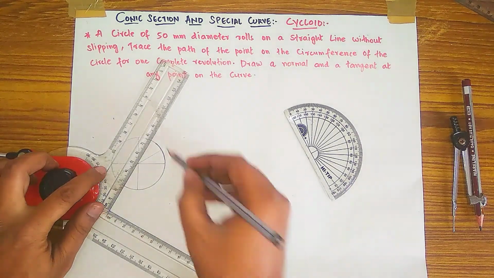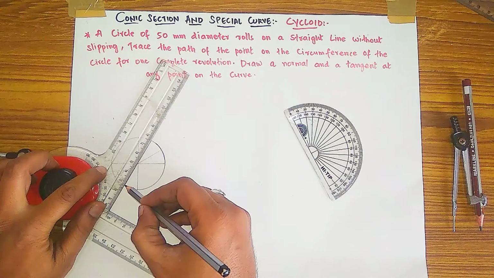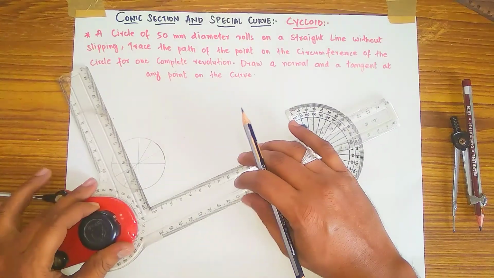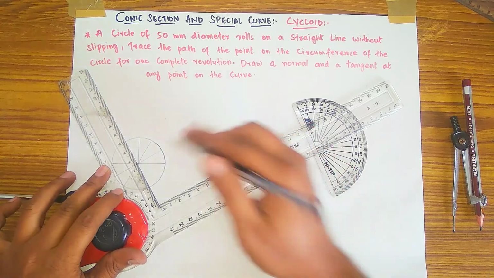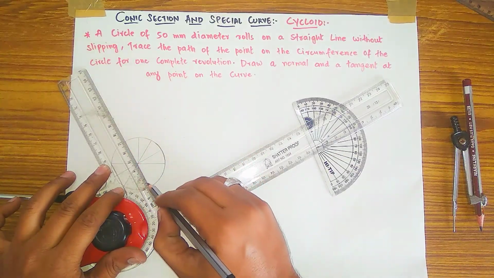Adjust your scale with that point and circumference, draw a diagonal. The same process for the other points also, like this.